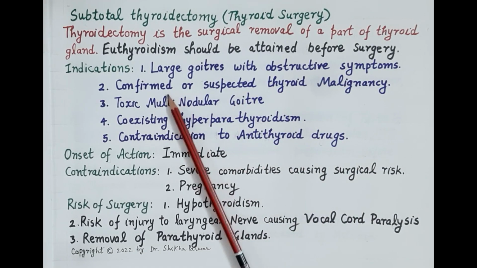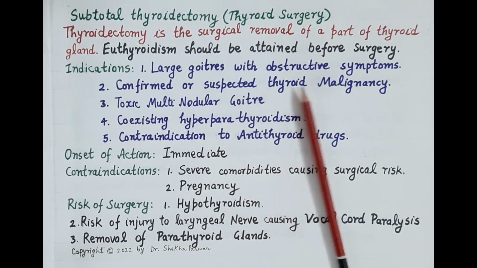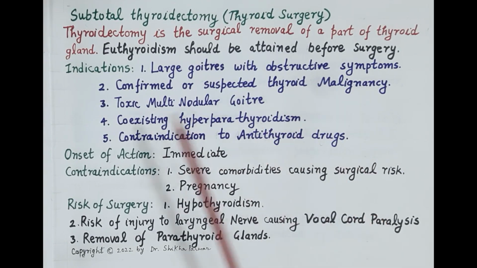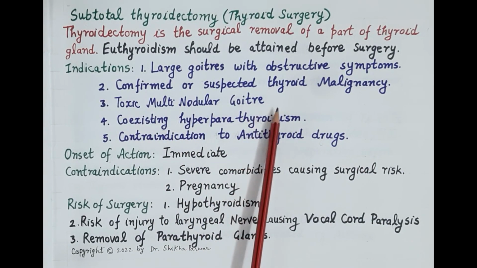Then surgery is also required in cases of confirmed or suspected thyroid malignancy, that is thyroid cancer. Then toxic multinodular goiter, where iodine 131 is not effective or where iodine 131 treatment cannot be given.